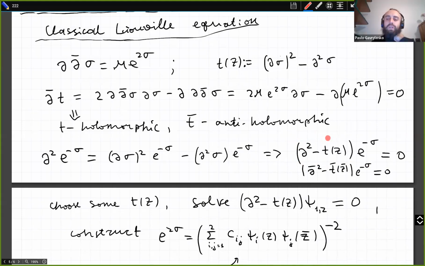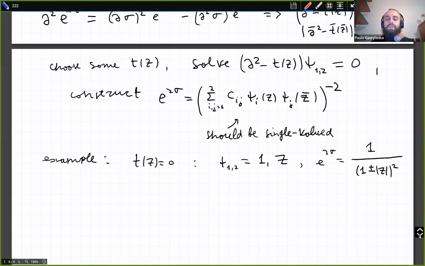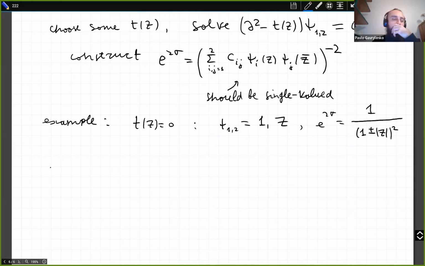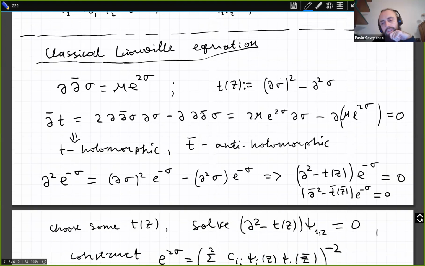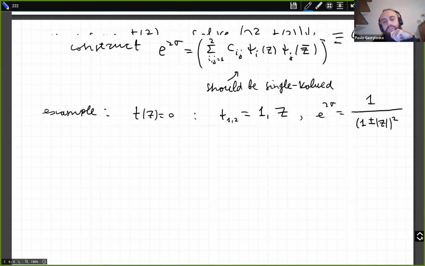So this exponential e to minus sigma is a phi 2,1 field. Also speaking about heavy and light fields, delta 1,2 in this case is 2,1.